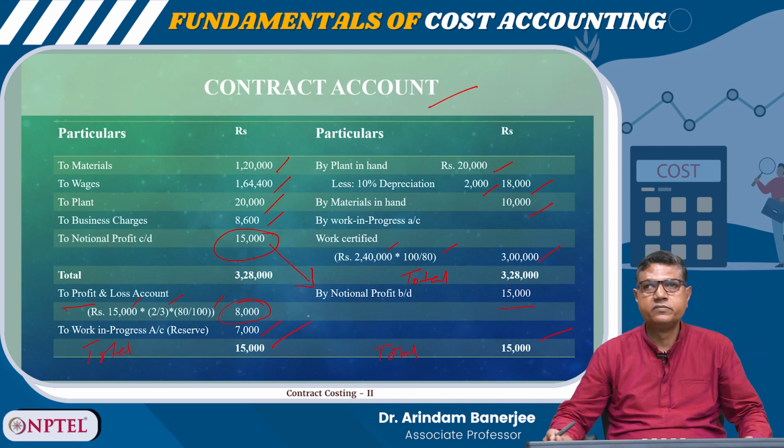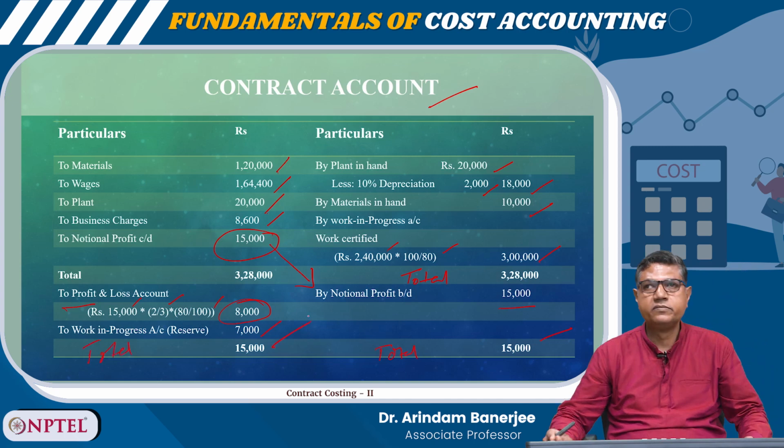Therefore, the total estimated expenditure is 2,10,000 plus 30,000, which is 2,40,000. The contract price is 2,80,000. Therefore, estimated total profit is 2,80,000 minus 2,40,000, so 40,000.